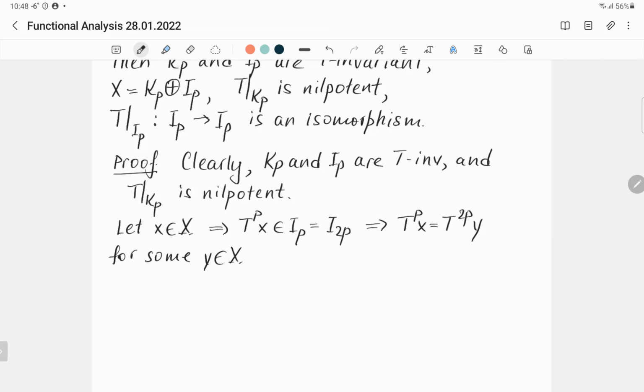So let's draw a picture for convenience. So this is x. This is T to the power P of x. So we apply T to the power P. And this is y.